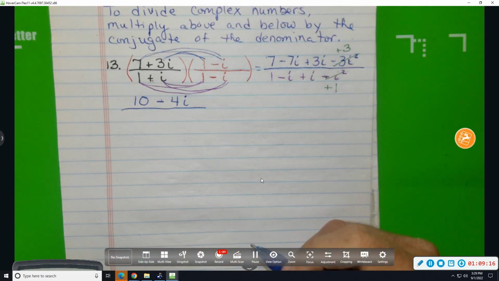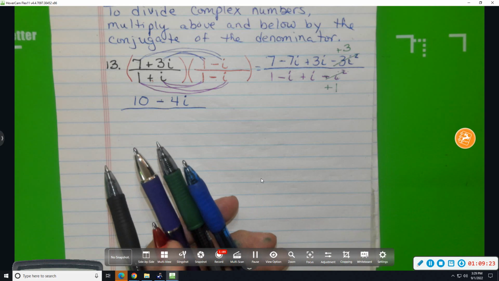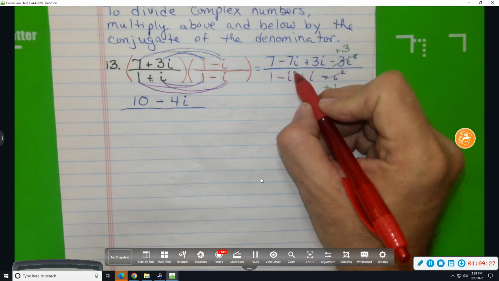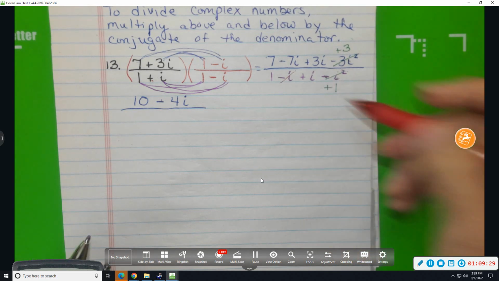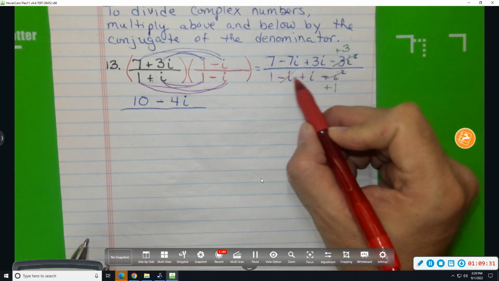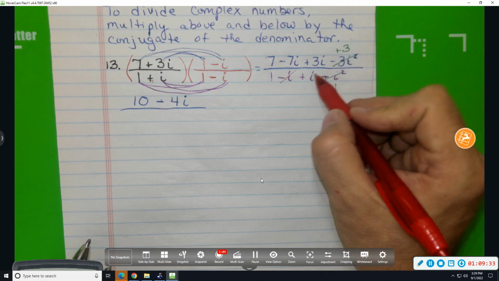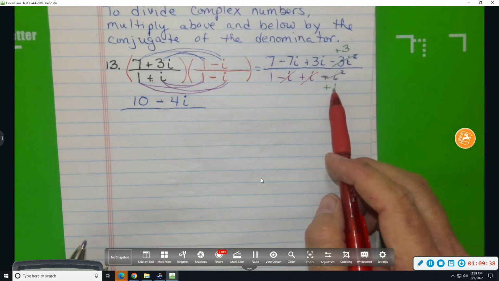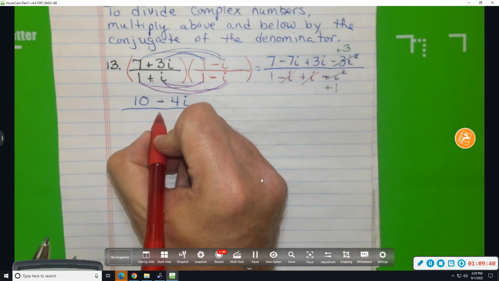Do y'all agree? Any questions? And now, what's going to happen on the bottom? You're just going to wind up with a 2. Do y'all see how the i's subtract out? The negative i plus i. And 1 plus 1, it's just a 2 on the bottom.